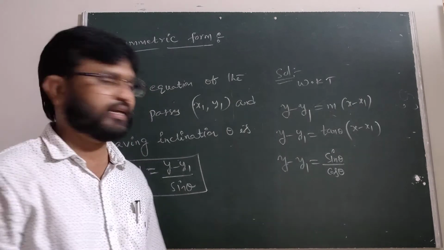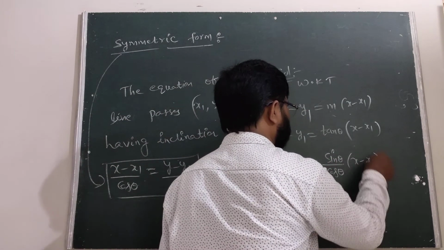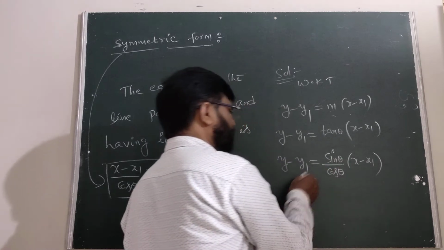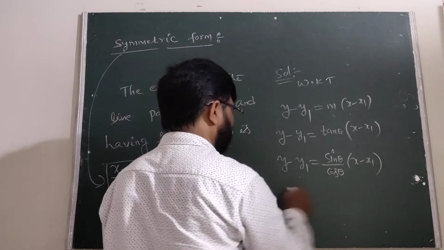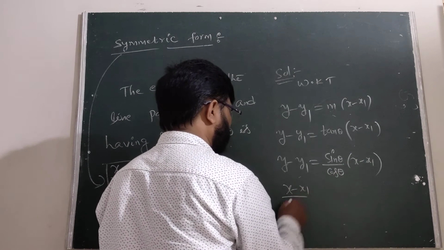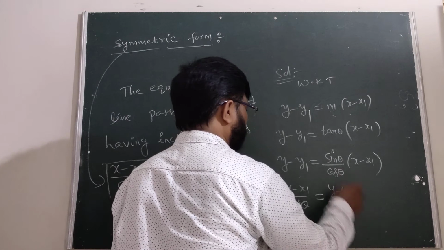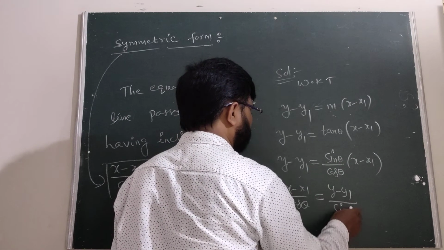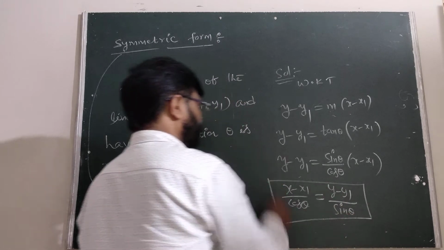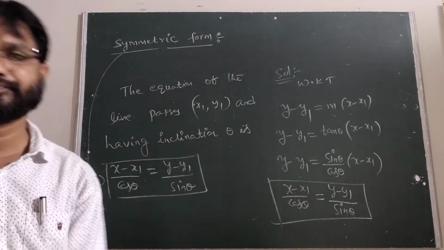Sending sin theta to the other side, we get (x minus x1) by cos theta equals (y minus y1) by sin theta. This is the equation of the line in symmetric form.